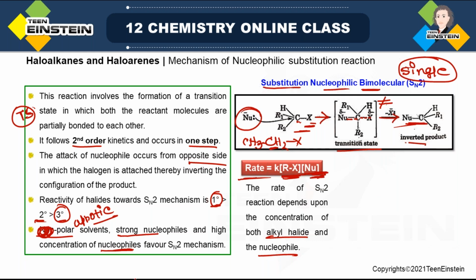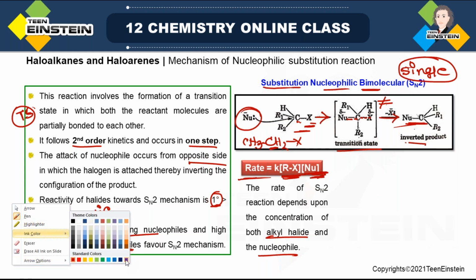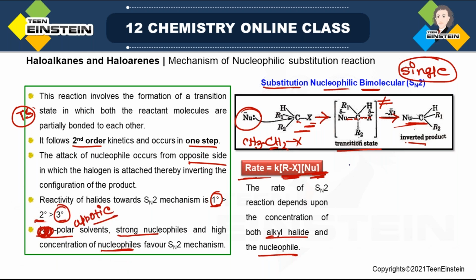And one thing I would also like to mention is the energy profile diagram. So if it is SN2, in the energy profile diagram, energy is on the y-axis and the x-axis is reaction progress. That means as the reaction is progressing.